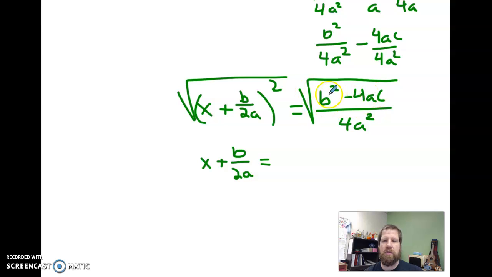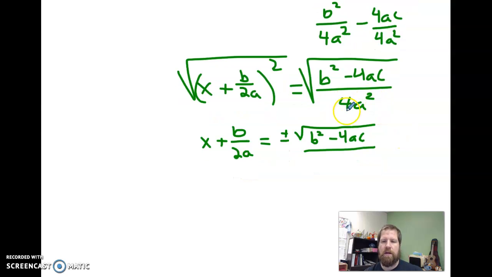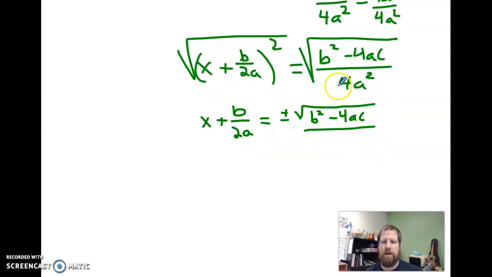Now we're not going to be able to get the square root of b squared minus 4ac, so we're kind of going to leave that. Okay, but we're going to have plus or minus the square root of b squared minus 4ac over what we can evaluate, right? Because 4 is a perfect square and a squared is a perfect square. So we can take the square root of that to get 2a. Okay, and now we're looking a little bit better.